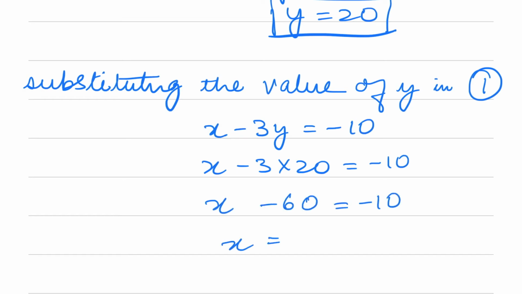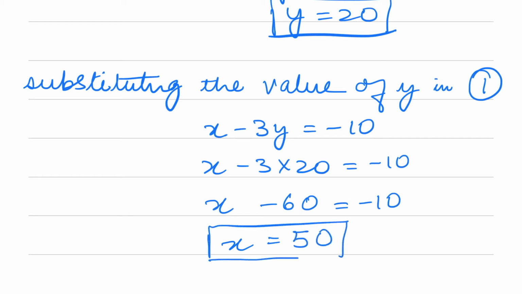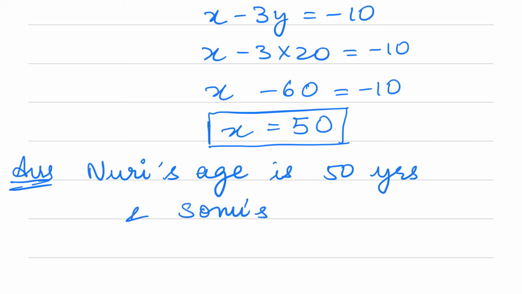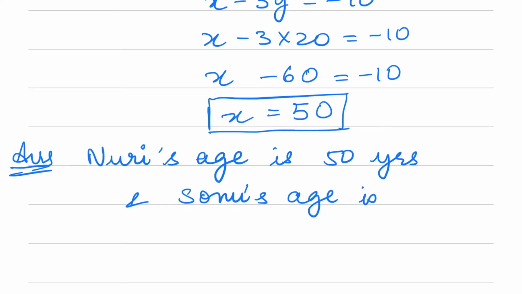So x is equal to 50. So Noori's age is 50 years and Sonu's age is 20 years.